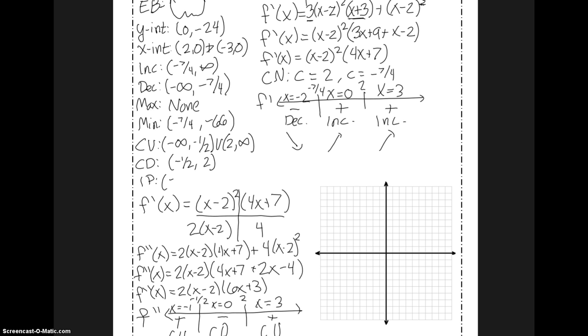So I'm going to have one at negative 1/2, and I have to figure out what the y value is, so let me plug that in really quick. Let's see, we want to take the negative 1/2 and plug it into our original function. So I'll take a minute to do that on my calculator.